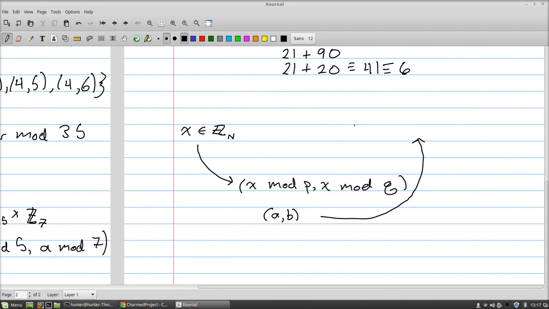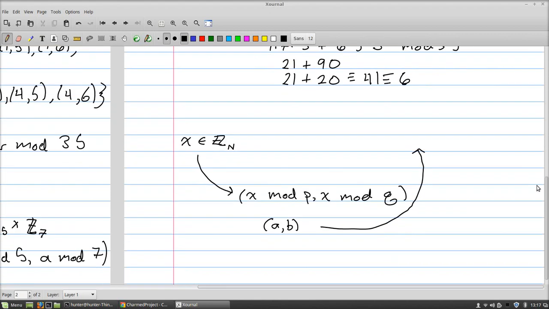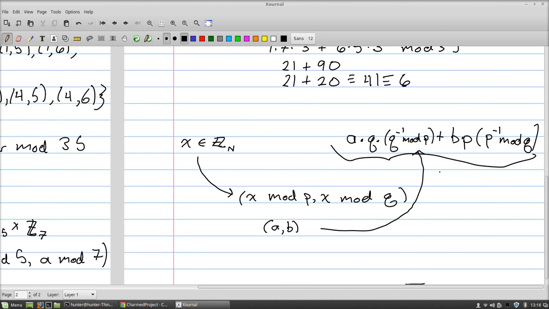How did we do it before? Let's imitate our example. We have a times q times q inverse mod p, plus b times p times p inverse mod q. And this whole thing has to be reduced mod pq.